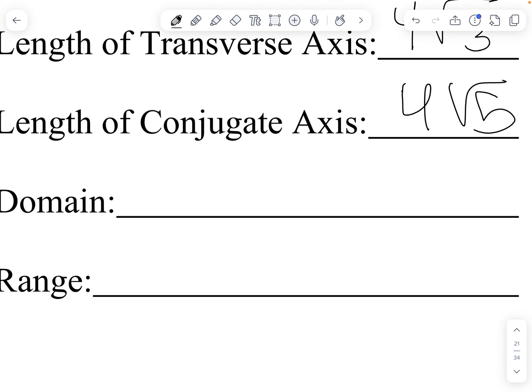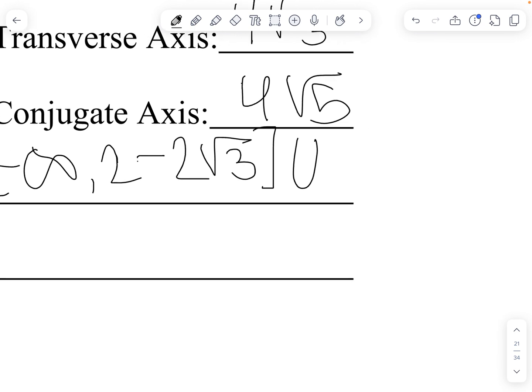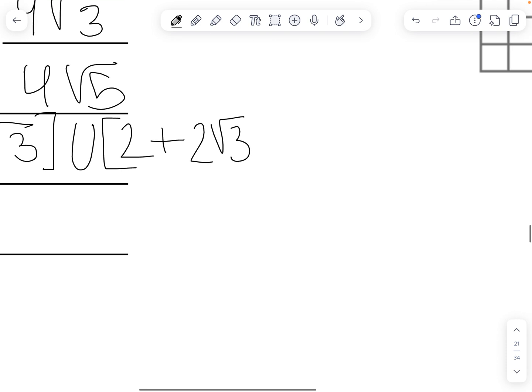And the domain is based off of the vertices: negative infinity to 2 minus 2 root 3, bracket, union, 2 plus 2 root 3 to infinity.